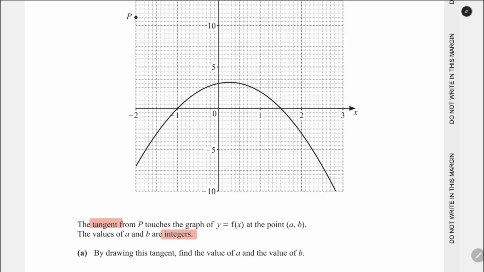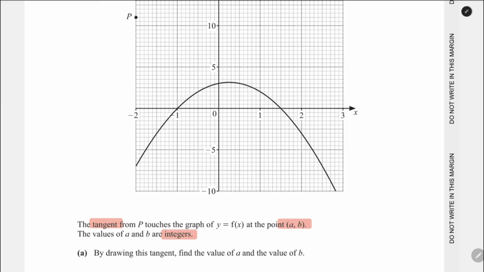It's going to touch it at point (a, b). And the values of a and b are integers.